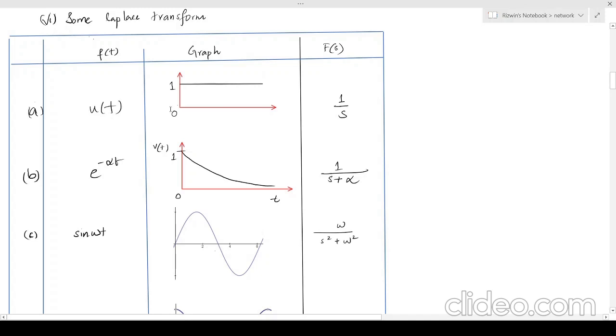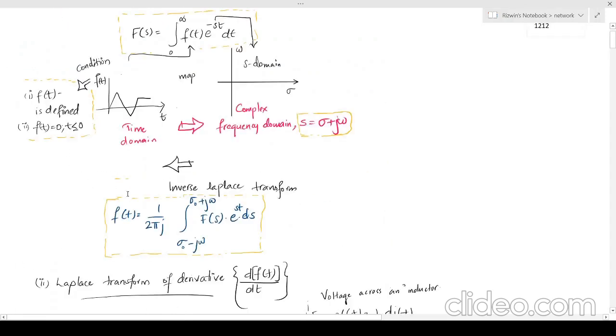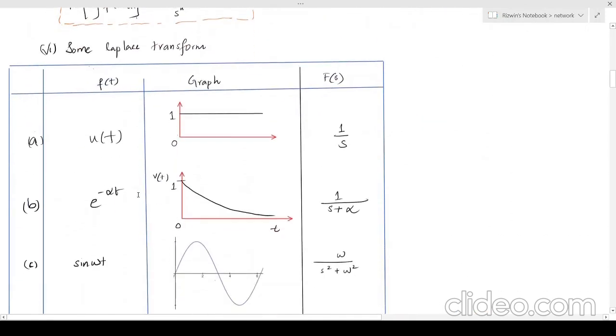So u of t is just the step input. As we all know, at t equal to or greater than 0, the output voltage will be 1, that is the unit step voltage, and if it has a magnitude of say E, then we denote it as E u of t.